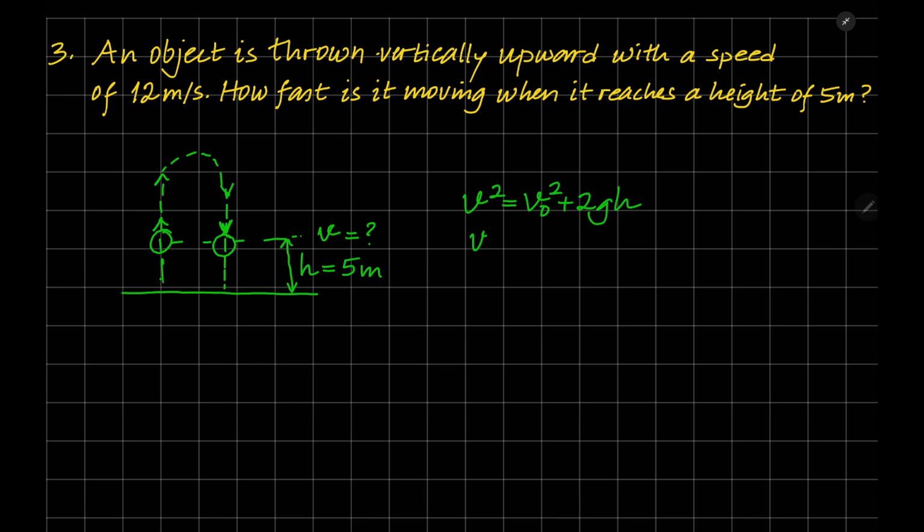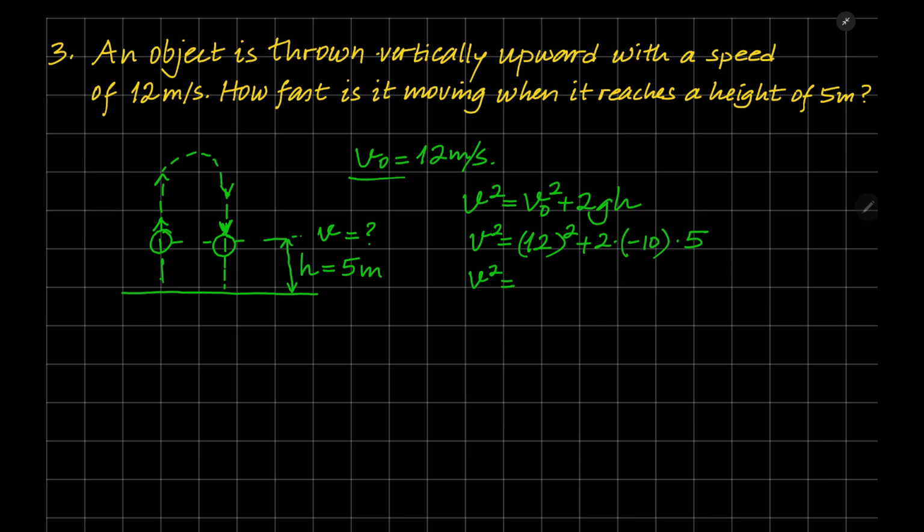Then v squared is equal to the initial velocity, which is 12 meters per second, squared, plus 2 times g, and g is negative 10, times h, which is 5 meters, times 5.